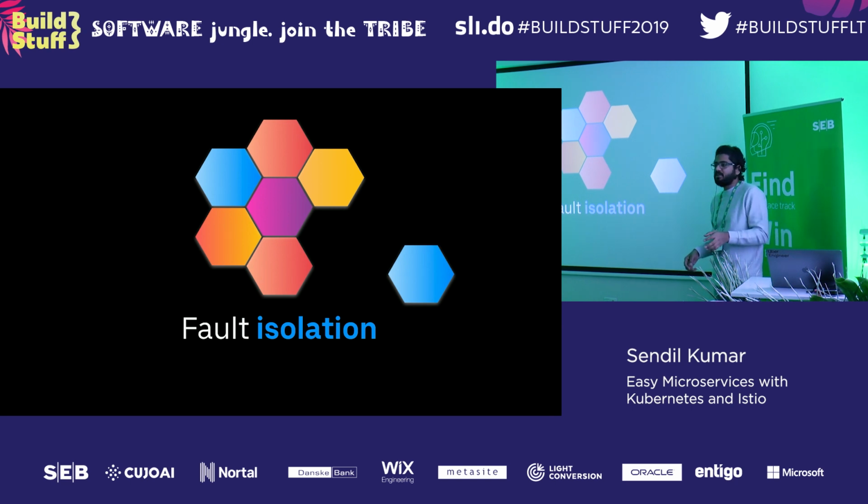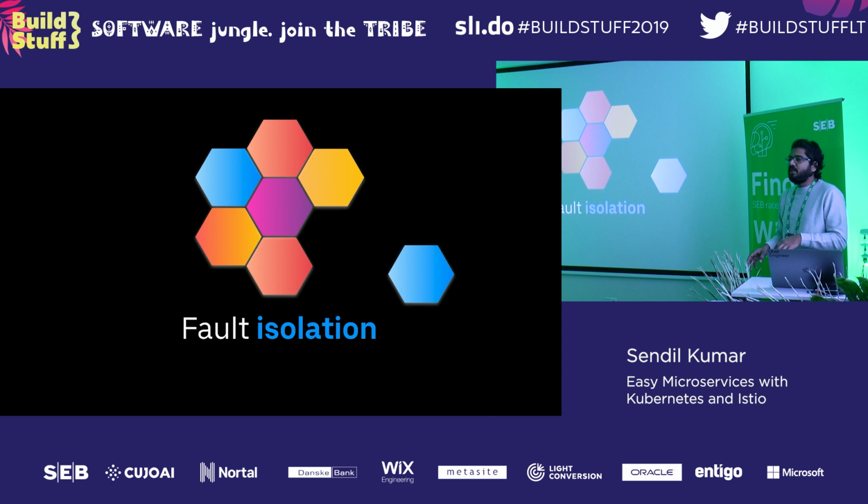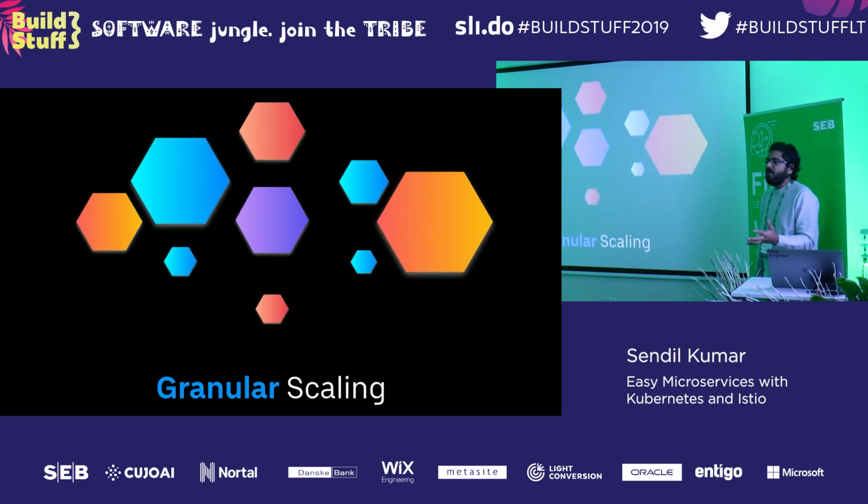But in terms of microservices, you can isolate that particular service away, throw that thing away, and then work with the rest of the services. And your application should still work. If it's not working, then you have not done microservices correctly. And another important aspect is granular scaling, which was touched upon.